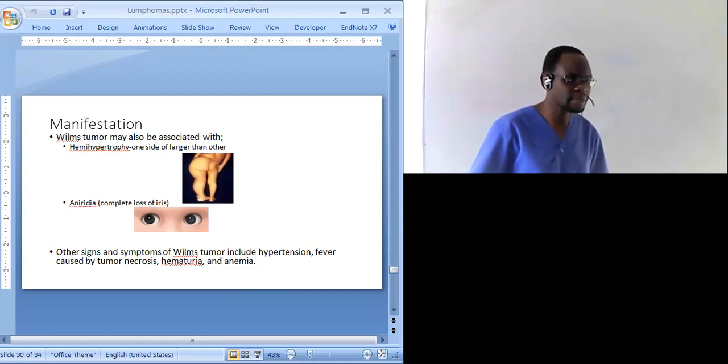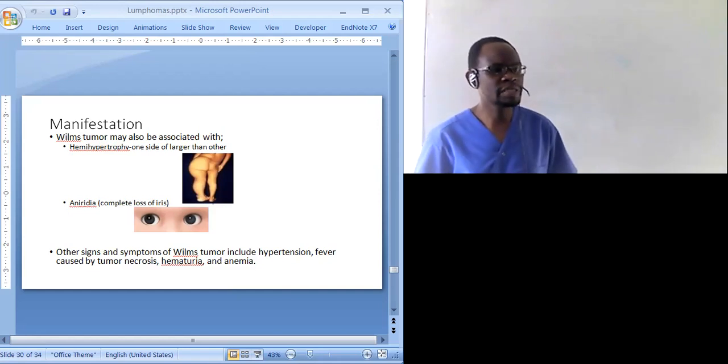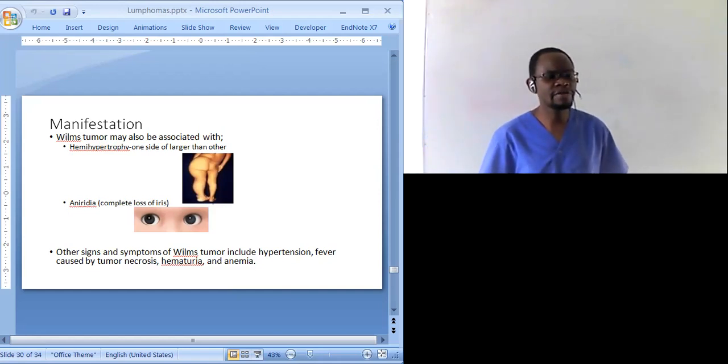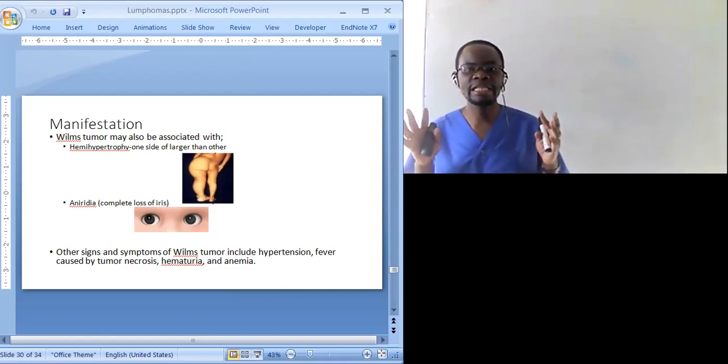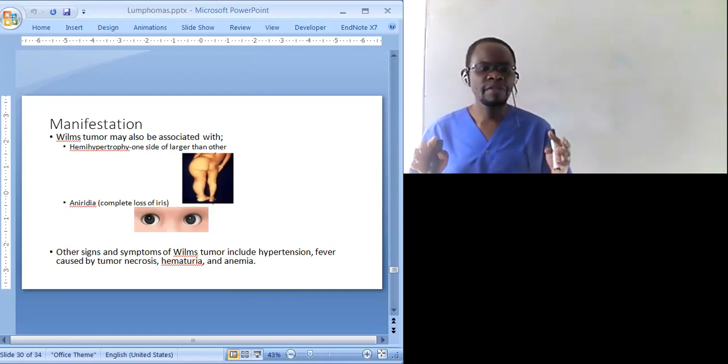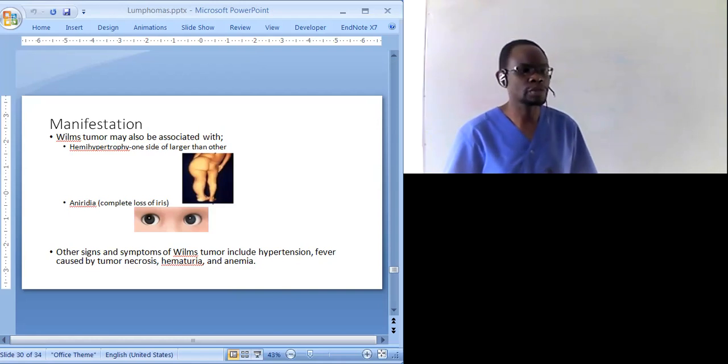You can also have aniridia, which is basically complete loss of the iris. The eyes of this child become like those of a doll because the iris is completely lost.